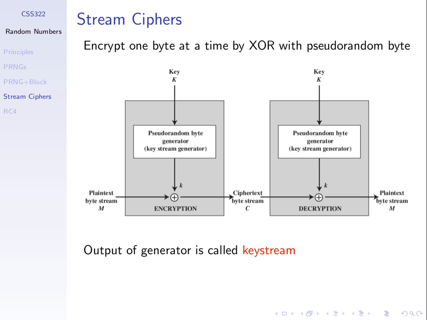Plaintext XOR k gives us C, ciphertext. C XOR the same value of k will give us the plaintext. So very easy to implement. We just generate random numbers and XOR. The output of this white rectangle, the generator here, is called the key stream. It's a stream of bits which we use to XOR with our plaintext or ciphertext.